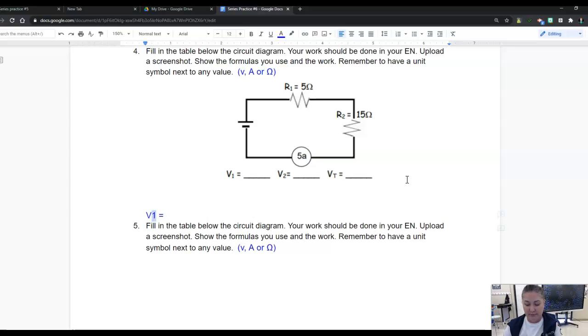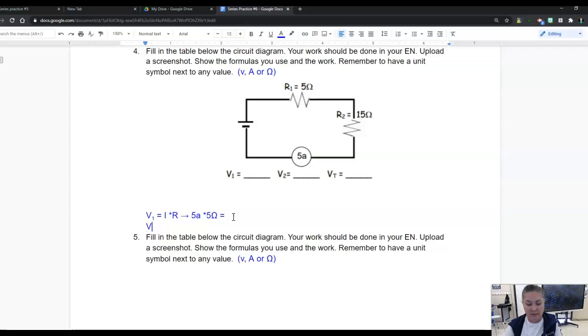We know that V is equal to I times R, which means they gave us 5 amps, and we're going to multiply it by that resistor, 5 ohms. So you should be getting 25 volts for the first one.